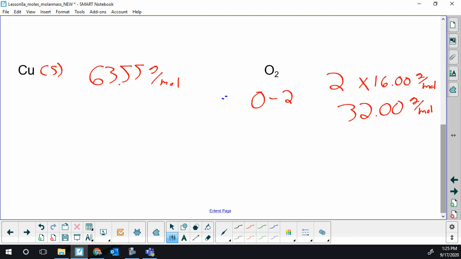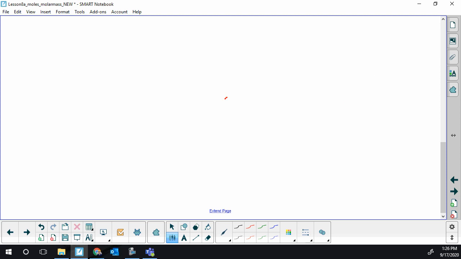Any questions about molar mass or what if, the situation, you're not sure how you deal with it? I'll set up one last example. I'm not going to do it, okay, but I'm guessing the questions can just get longer, but not really harder. Okay.